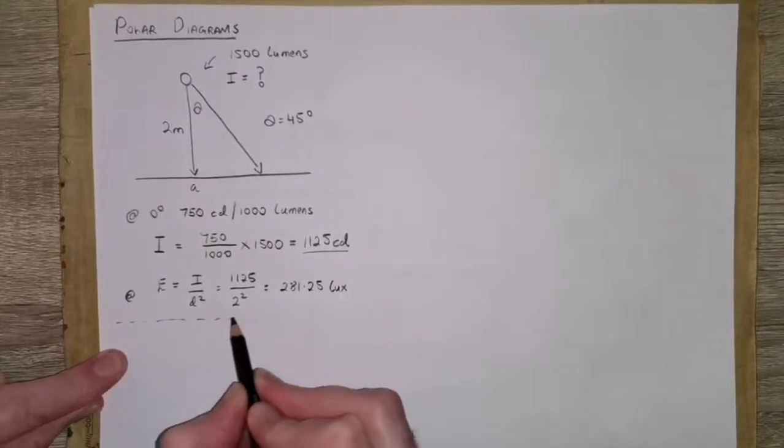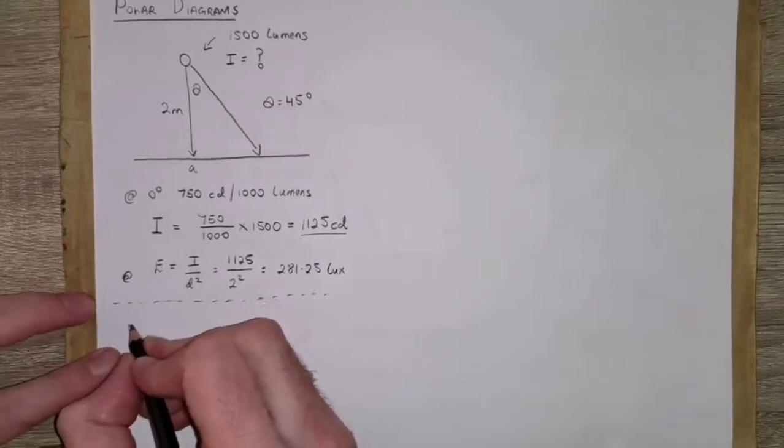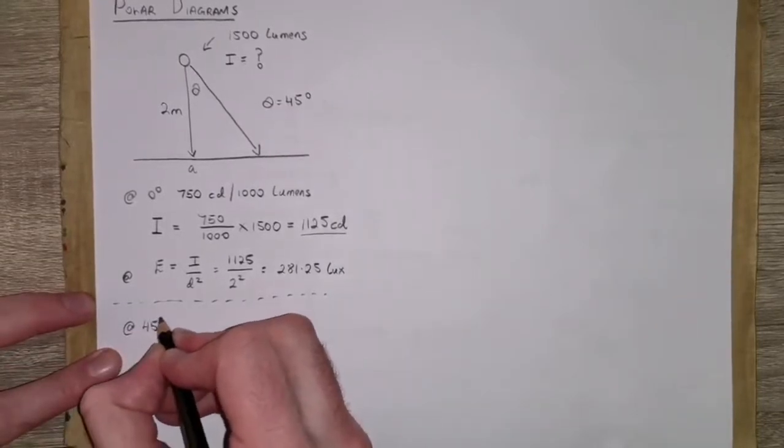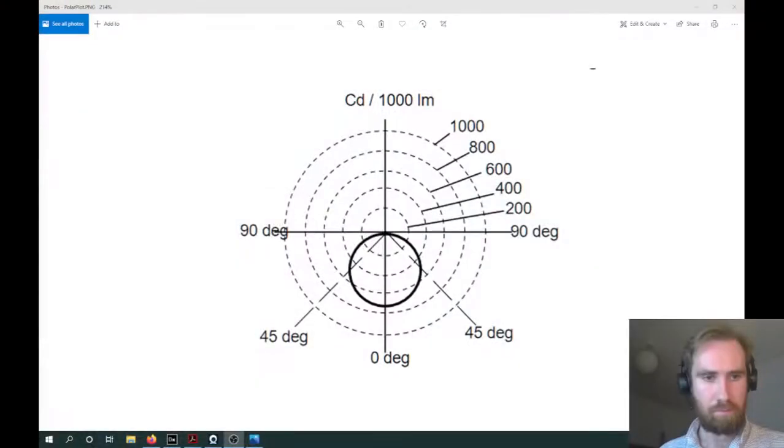Lines here just to separate the answers for these two parts. At 45 degrees, if I go back to the polar diagram, my polar diagram, 45, it's approximately, I would have said 500, but maybe a little less, about 450.